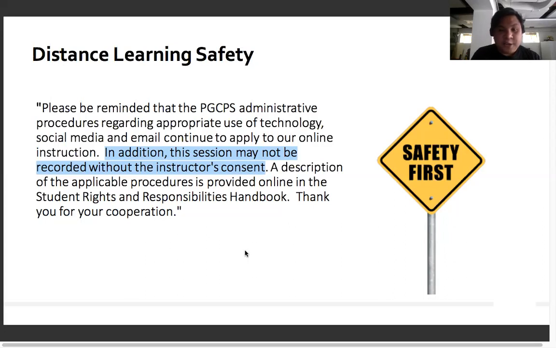Okay, so now that that's out of the way, let us begin with our lesson for today. So our lesson for today, as I mentioned to you, is about exponential function graphs.